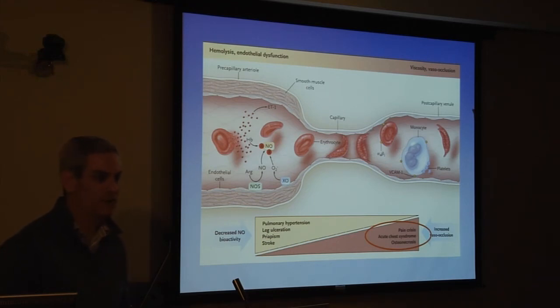And you'll see on the far right-hand side is a list of the complications you get from the blockage. You get your acute pain, you get acute chest syndrome, and you have your avascular necrosis or osteonecrosis. And these are all symptoms that cause pain. Whereas at the other end of the spectrum, the breakdown of red cells often causes some painless complications. Just because they're not painful doesn't mean they're not serious.